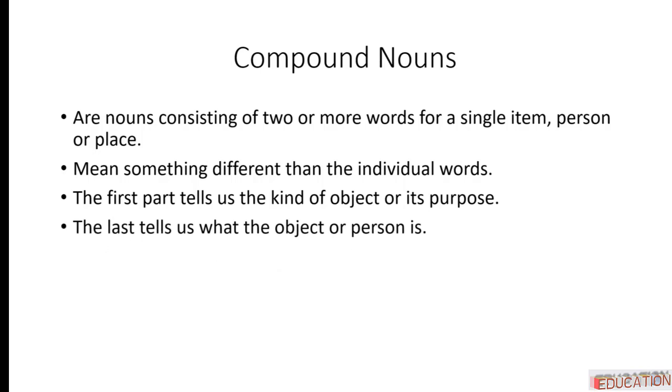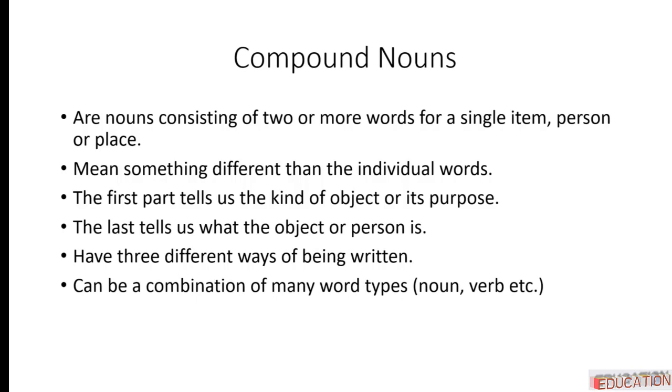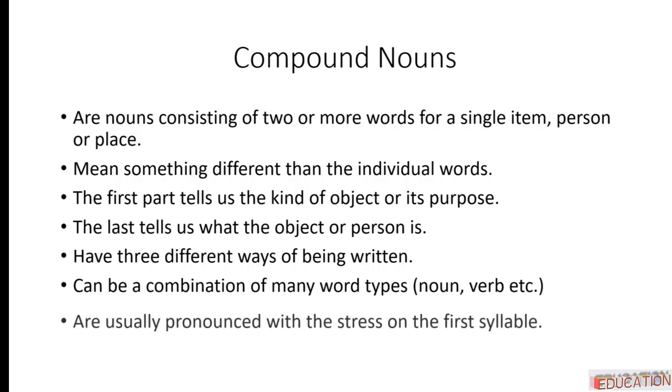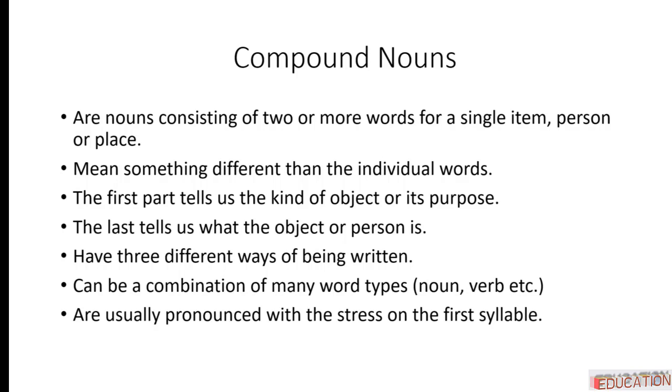The last part tells us what the object or person is. Compound nouns have three different ways of being written. They can be a combination of many word types and are usually pronounced with the stress on the first syllable.